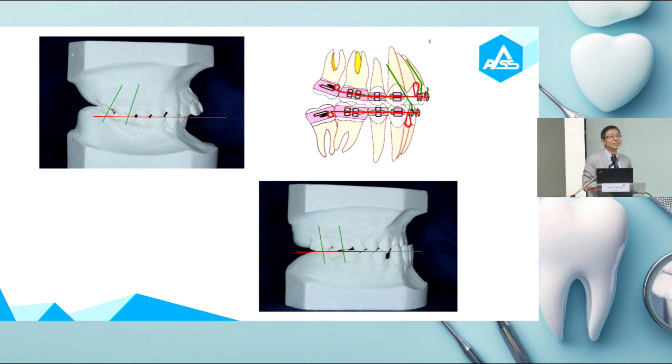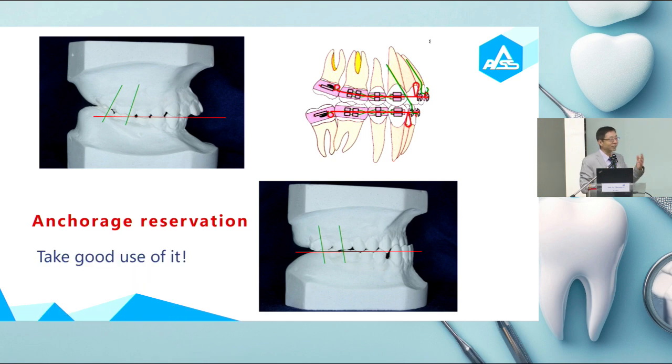So you don't need to push them back by J-hook headgear. So I call it anchorage reservation, not anchorage preparation. Preparation means we orthodontists need to use headgear to push them. But reservation means it naturally exists. So our work is just to make good use of it. Don't waste it.